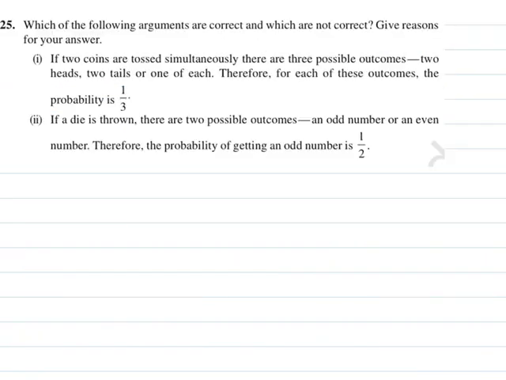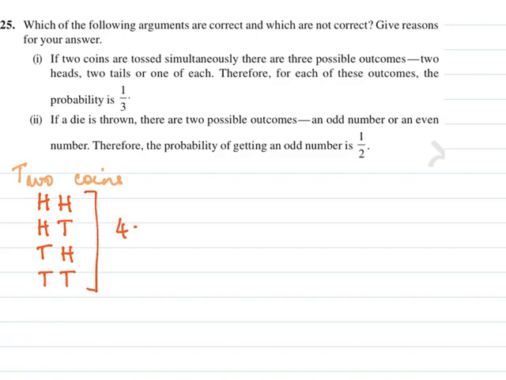Is the given statement correct or not correct? If two coins are tossed simultaneously, there are 3 possible outcomes. Let us see if two coins are tossed. What are the possible outcomes? So for 2 coins, it could be head, head, head, tail, tail, head, tail, tail.